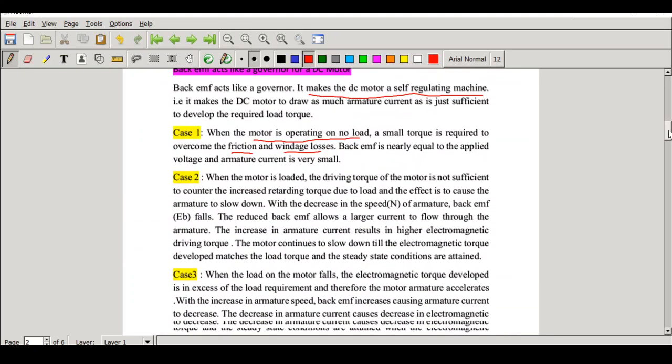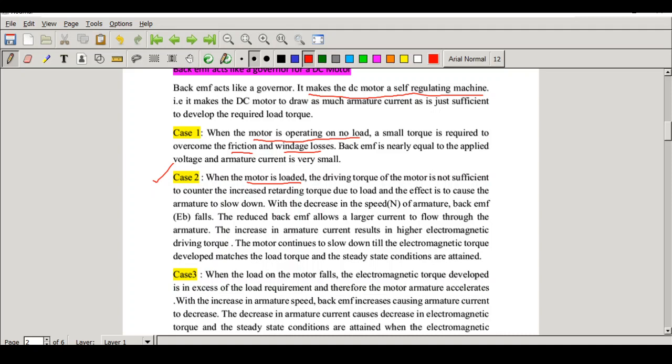Next, case 2. Now just think that the motor is loaded. When the motor is loaded, it has to provide mechanical power to the load. So you need more torque or more current. Let us see what will happen.